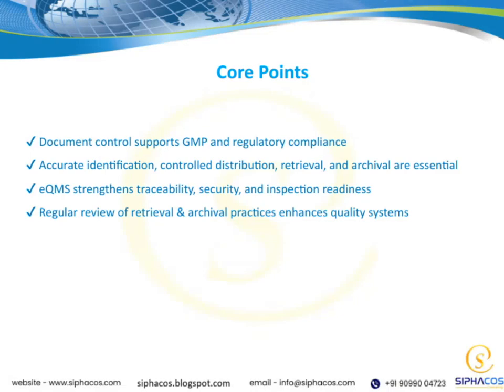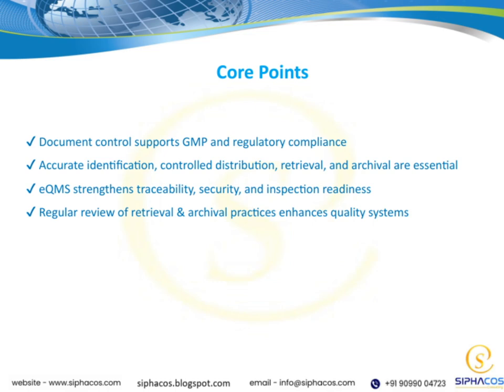Let's take a closer look at some core points that are vital for effective document control. First, supporting GMP and regulatory compliance is crucial, and having a solid document control system helps ensure that we meet those standards consistently. Accurate identification of documents, along with controlled distribution, retrieval, and archival, are all essential practices.